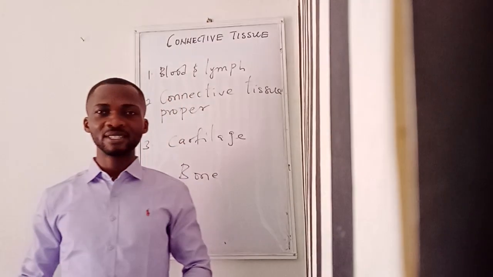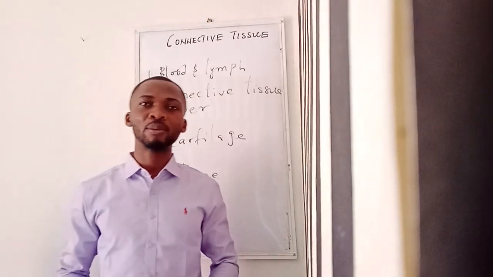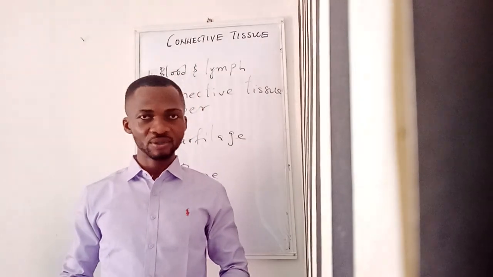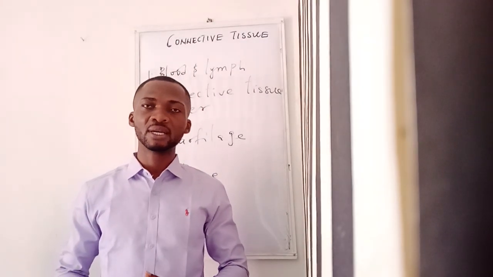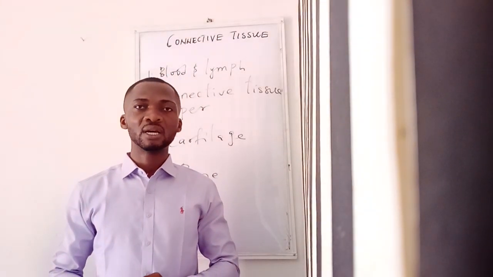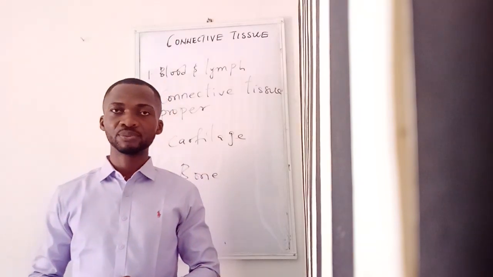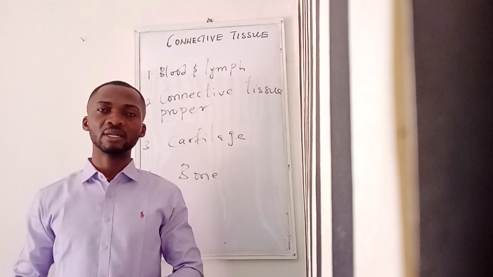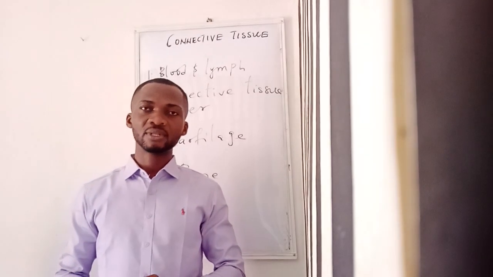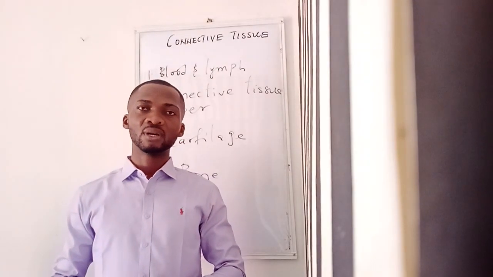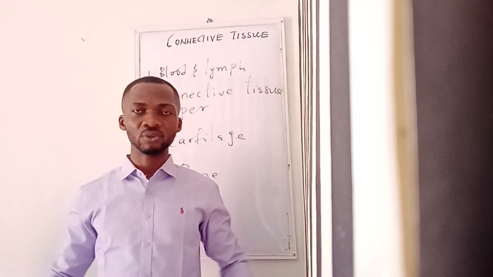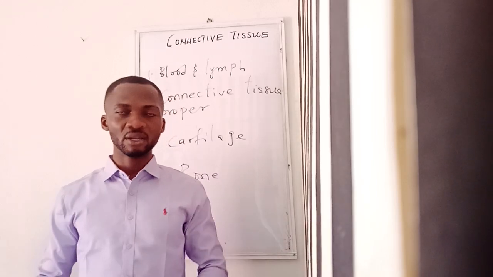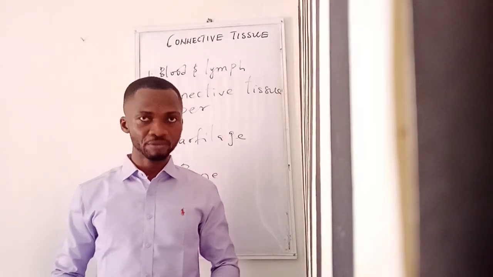So, in today's class, I want to talk about one of the types of tissues that I've really not talked about, and that is the connective tissue. Don't forget that I previously defined tissue as a group of cells that have common origin, common structure, and perform common function.